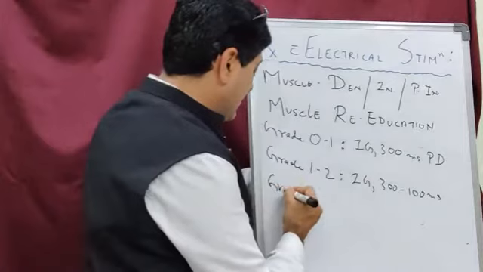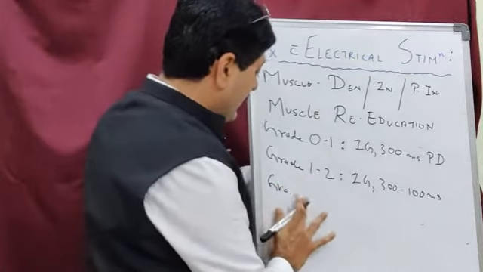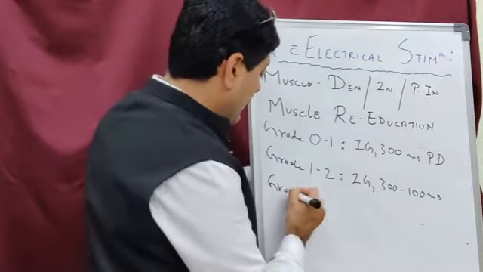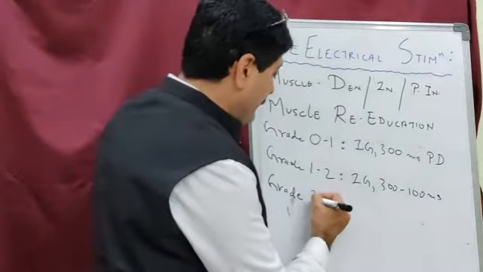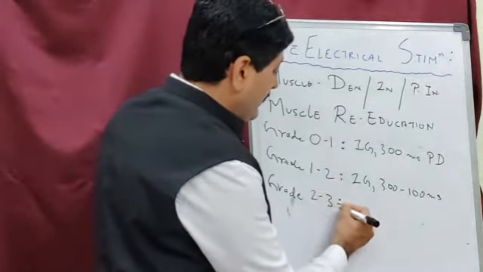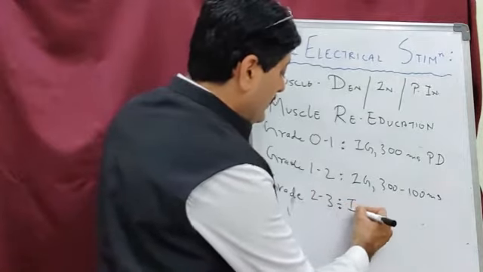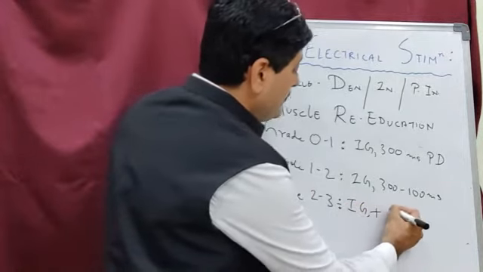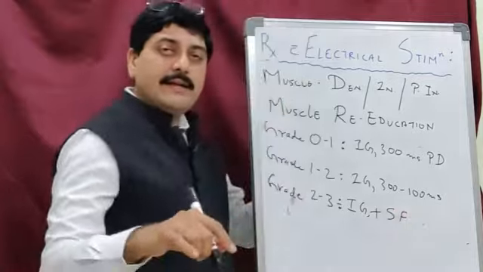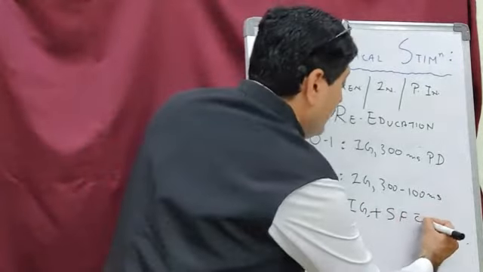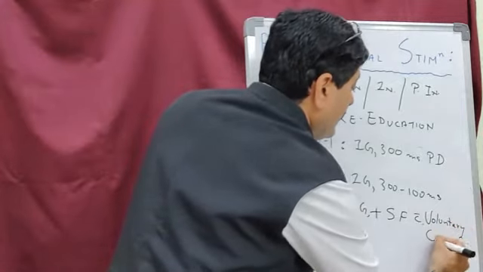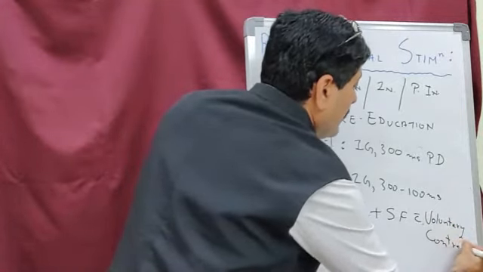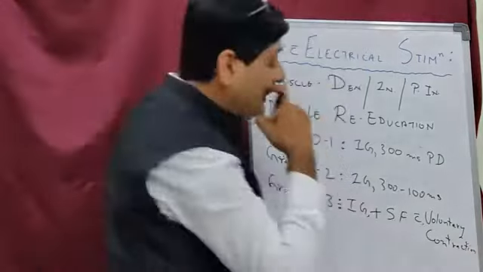As the patient gets flicker of contraction, right, and he progresses towards elimination of gravity movement, grade 2 to 3, we are going to go for IG plus surge Faradic with voluntary contraction, right?